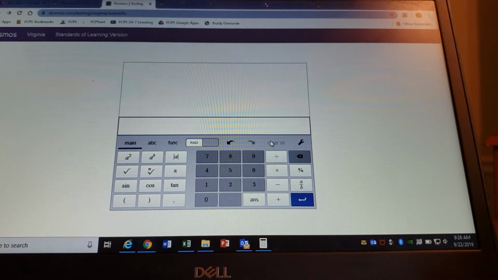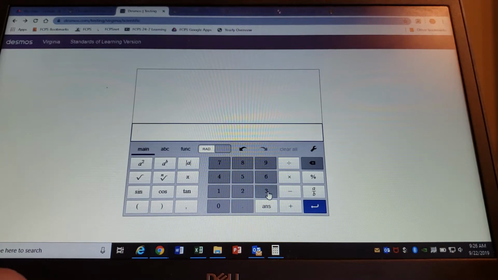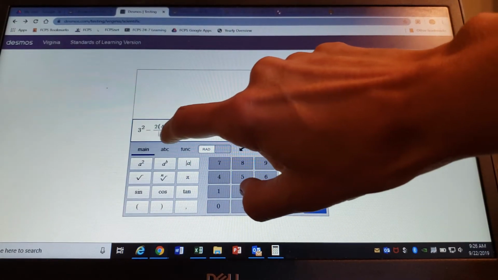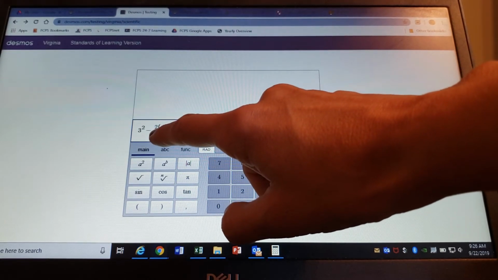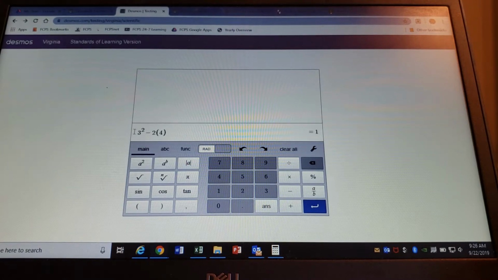To put this one into the Desmos calculator, you are going to start off with your 3, make sure you're hitting the squared button, minus 2, parentheses, 4, close your parentheses. If you hit the divide by button, notice that it only divides by the last part of the equation. Backspace. You want to divide by the entire top.